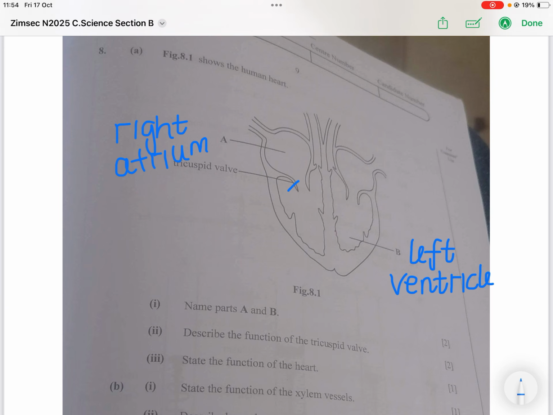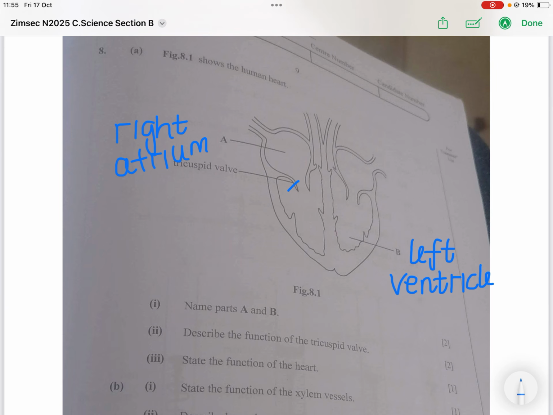So this is our tricuspid valve. Can you see that it is located between the right atrium and the right ventricle of the heart? The main role of the tricuspid is to ensure one-way blood flow from the right atrium to the right ventricle. It prevents the backflow of blood into the right atrium when the right ventricle contracts.